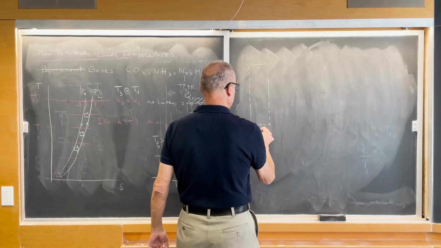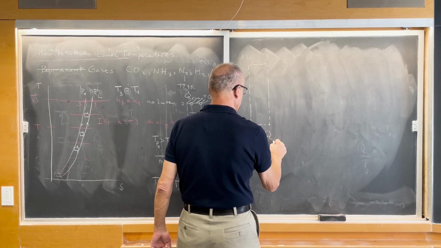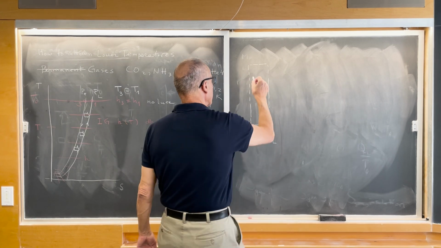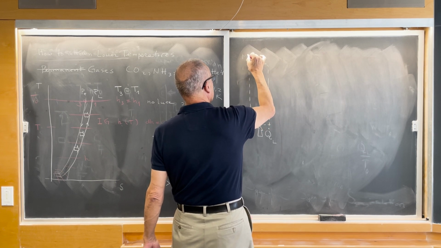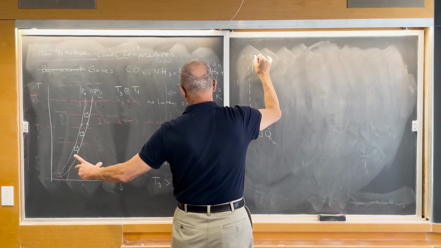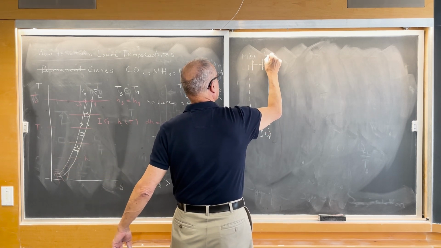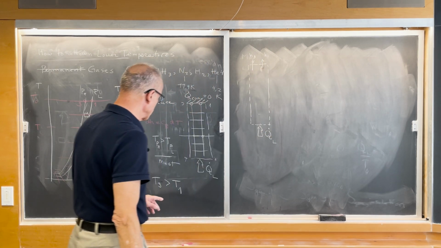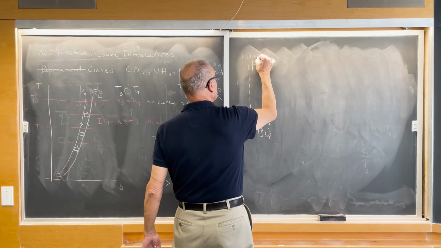And the total control volume sucks in, allegedly, this heat transfer rate. At the upper end, we have H3 flowing in, and then H1 flowing out, where H3 must be bigger than H1.